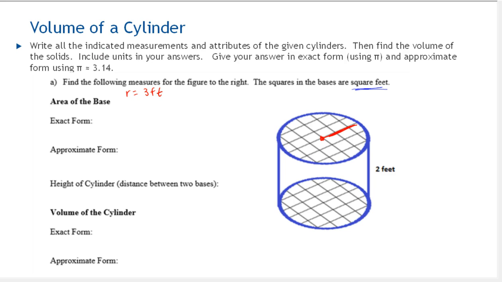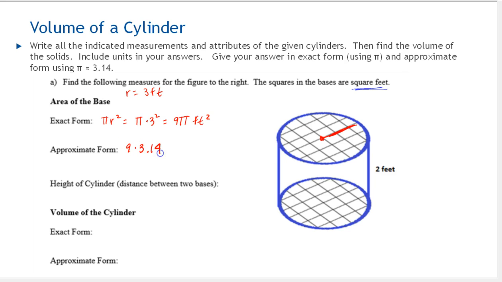Our area of the base in exact form is pi r squared, which is pi times 3 squared, which is 9 pi square feet. In the end, we always write the number before the pi. This means 9 times pi. For approximate form, we'll just replace the pi with 3.14.